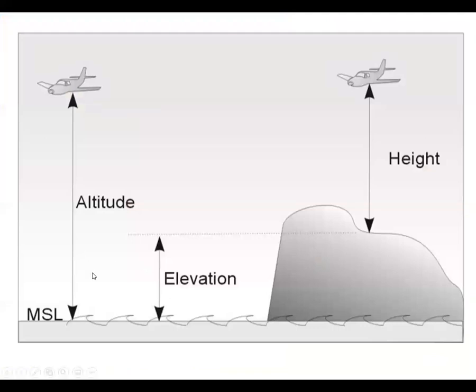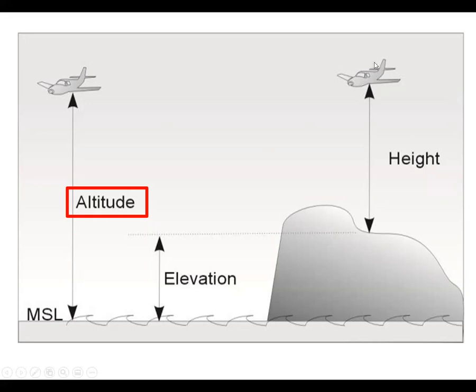Now, let's try to differentiate altitude, elevation, and height. Let's begin with altitude. When we talk about altitude, it refers to your height from the sea level. So this is the sea level right here, and it is designated as 0. When you are in an airplane, you're flying above the sea level, so your height from the sea level is what you call the altitude.